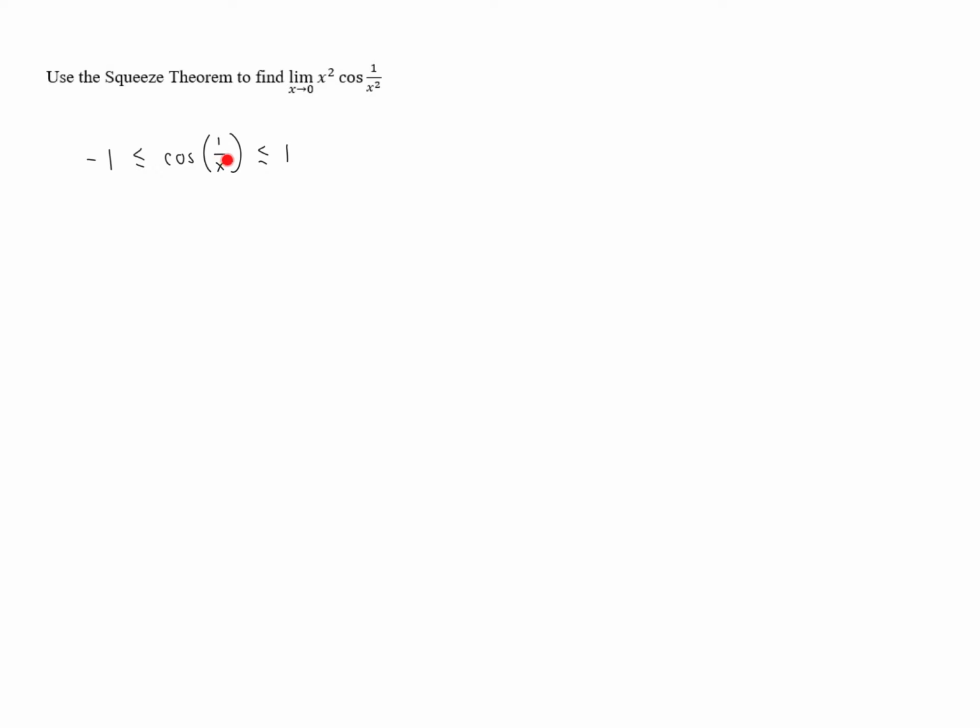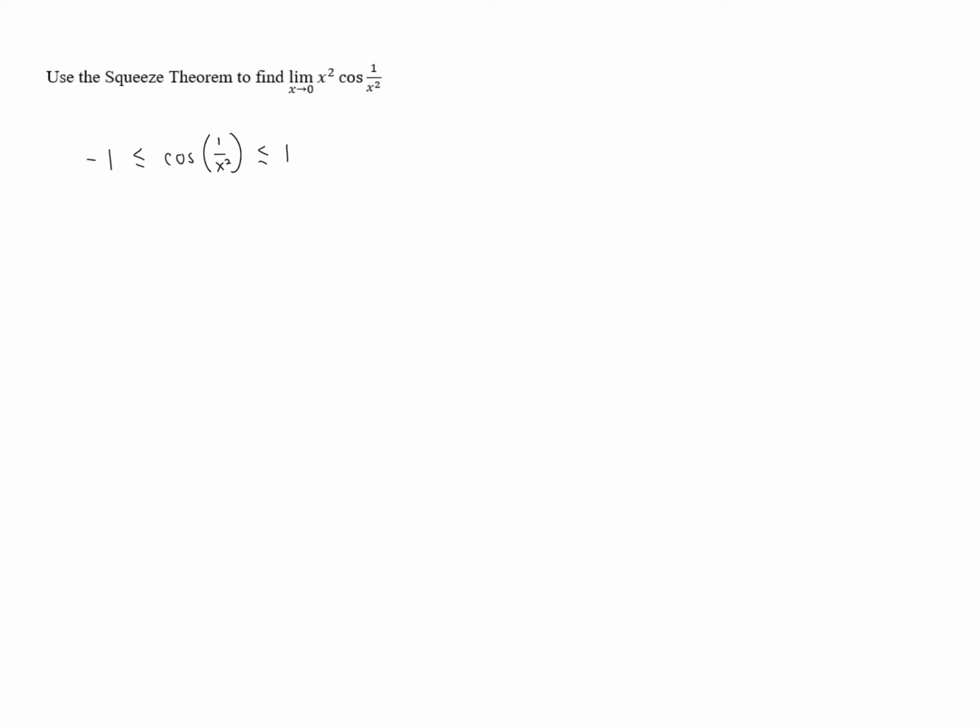This is not defined for x equals 0 because we would have an undefined quantity inside. But because we're looking at the limit as x approaches 0, we care about what's happening near 0, but not at that value exactly. So we can ignore x equals 0, and everywhere else, this inequality is true.